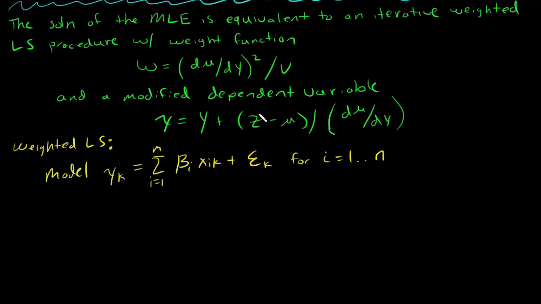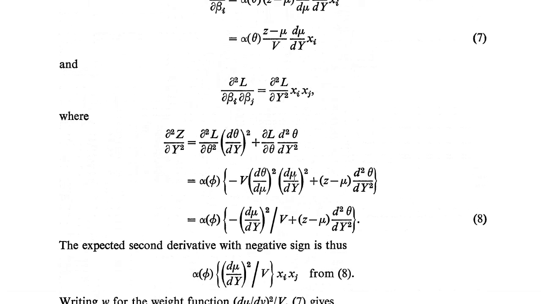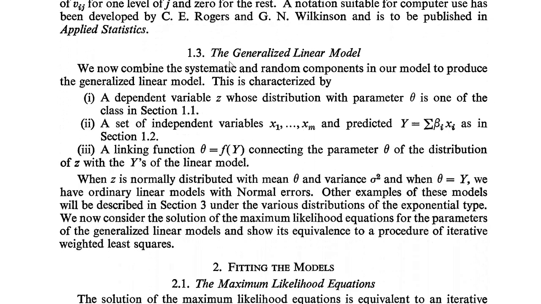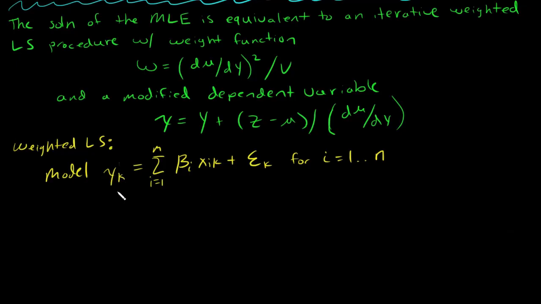Because if we go back here, scrolling up, section 1.3, y equals beta times x, and there's no error term. Don't freak out, because remember, this is a lowercase y. I'm not going to lie to you, I don't like this notation, but this is what they've decided to use in this paper. It's hard to pick good notation here. But this is for the least squares procedure, so they're using this lowercase y, and because it's for the least squares procedure, it does have this error term.